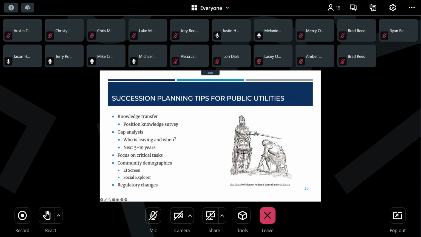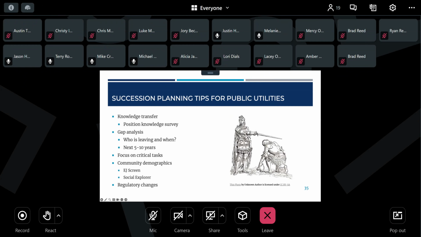We're going to talk about the position knowledge survey a little bit later, but you want to identify the wealth of institutional knowledge within your organization and really work on effectively transferring it to the next generation of employees. You can do this through the position knowledge survey, but it's essentially a way to document specific skills, expertise, and tacit knowledge required to perform various job functions.